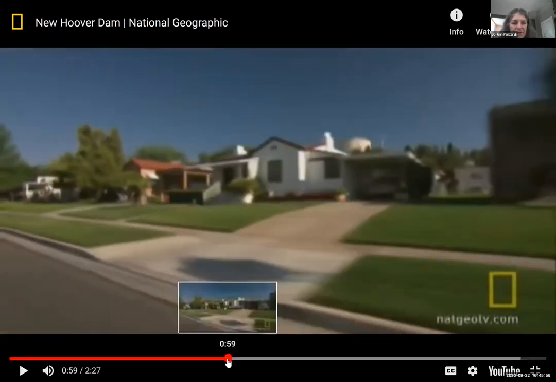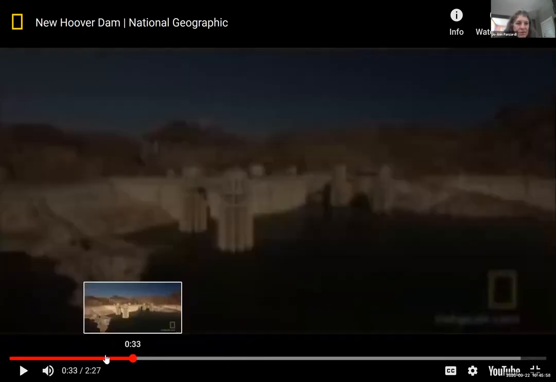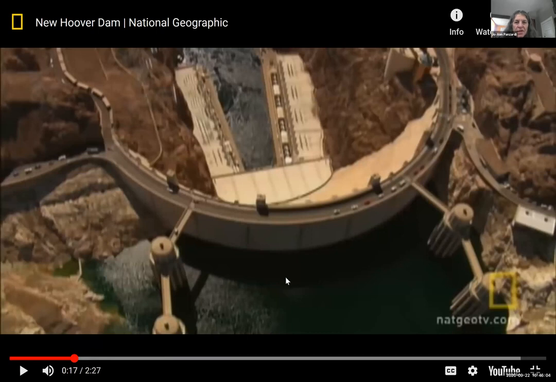I'm going to stop for a minute. I'm going to go back to this. You could see that in the first case, we had this skywalk that was horizontal, right? And the weight is here cantilevering and creating a moment about the connection of the skywalk to the ground. Now we're looking at the Hoover Dam, where the water is going in here and it's trying to push it over.